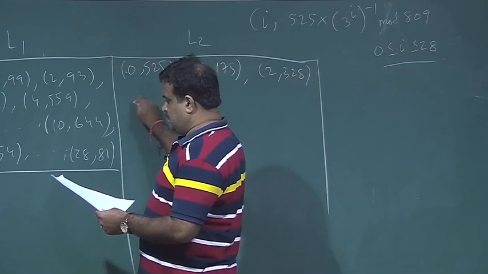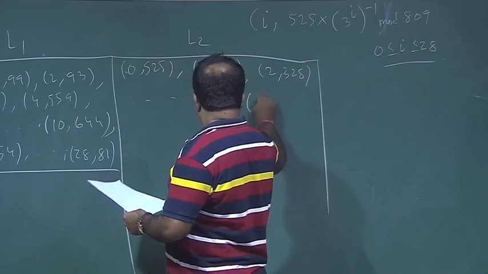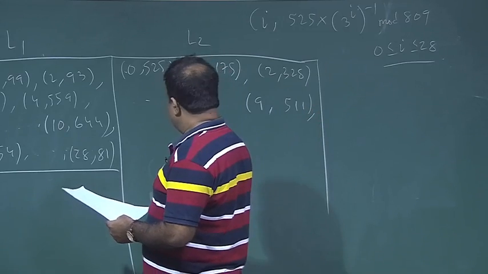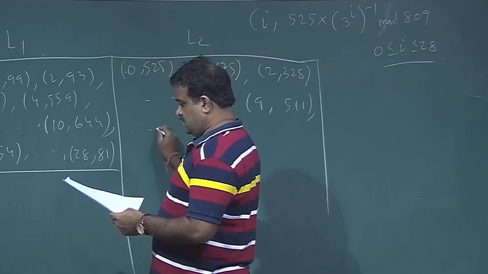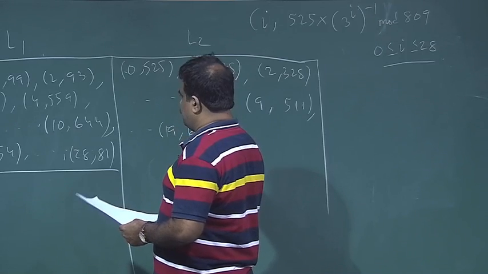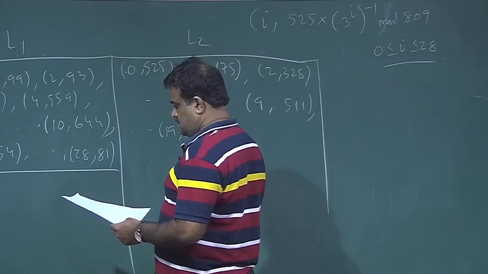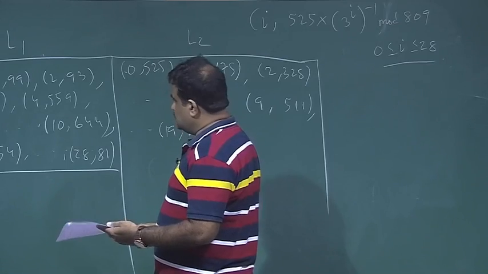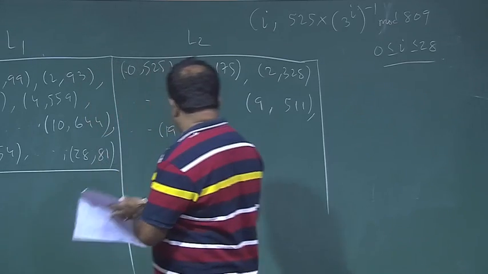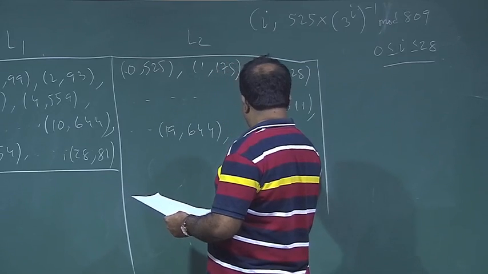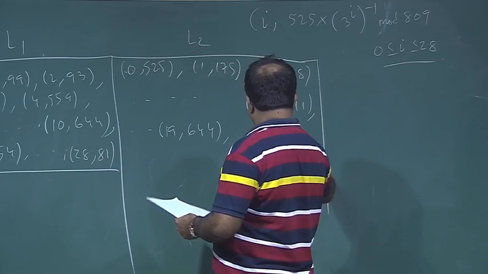Like this, if we continue, then 9 comma 511 and so on, then we have 19 comma 644, and the last one is 28 comma 163.